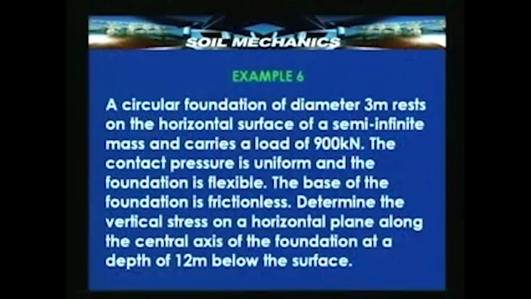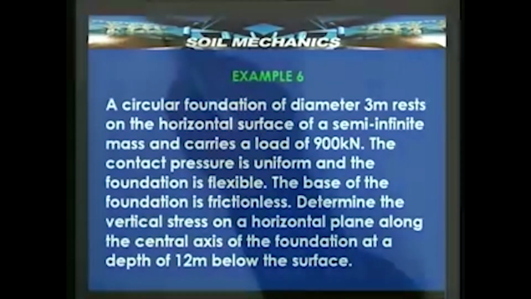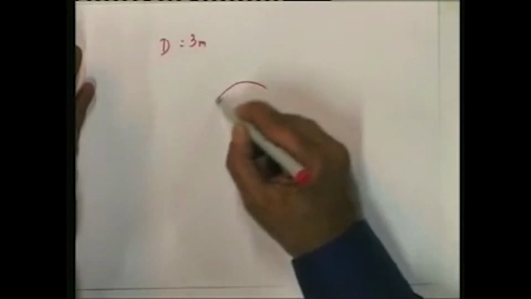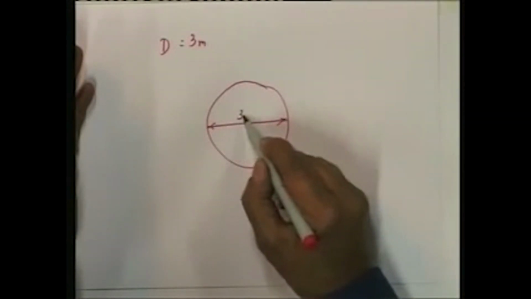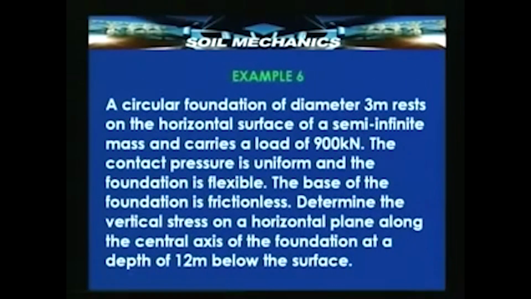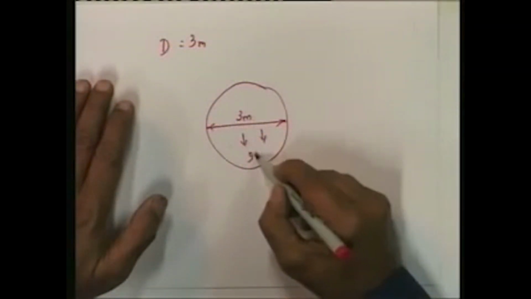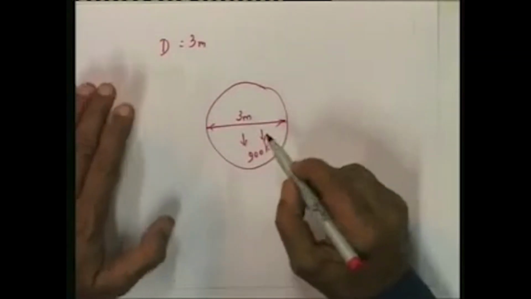The statement of the problem is: a circular foundation of diameter 3 meters stands on the horizontal surface of a semi-infinite medium, and it carries a load of 900 kilonewtons. So, there is an area with diameter 3 meters standing on the surface of a semi-infinite medium, and it carries a uniformly distributed load of 900 kilonewtons over the entire area.